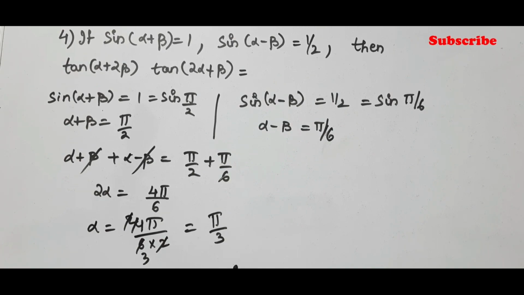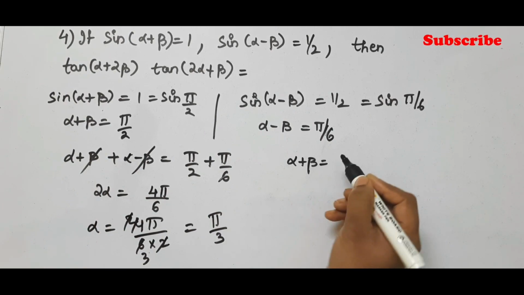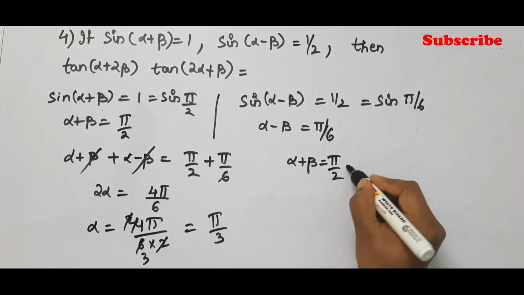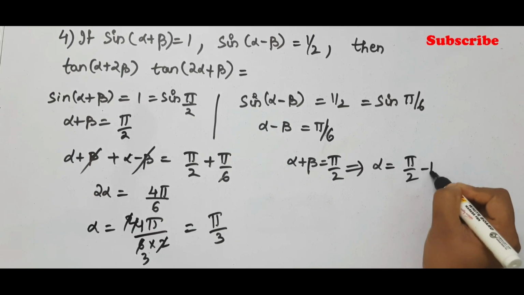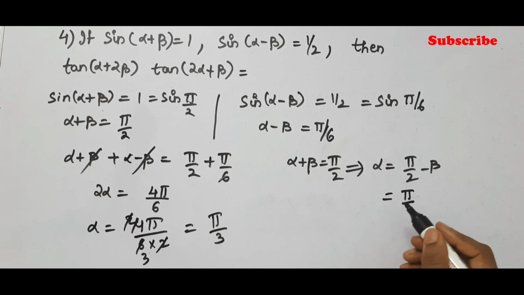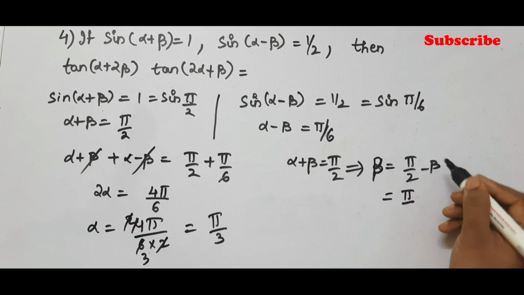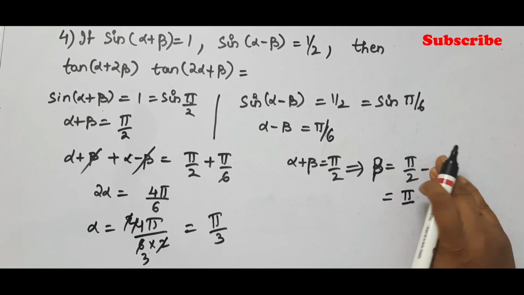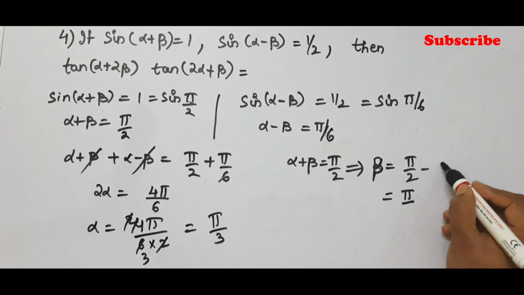Now using this value we have to get the value of beta. Let us use the first equation, that is alpha plus beta is equal to pi by 2. We need the beta value, not the alpha value, is it not? So beta is equal to pi by 2 minus alpha. I brought this alpha to the RHS, okay, minus alpha.